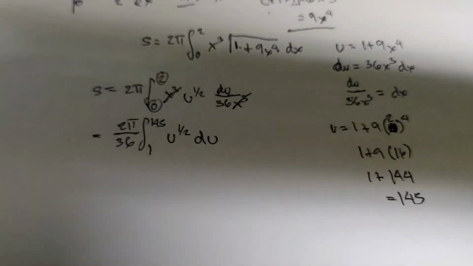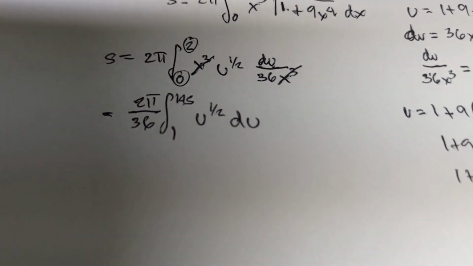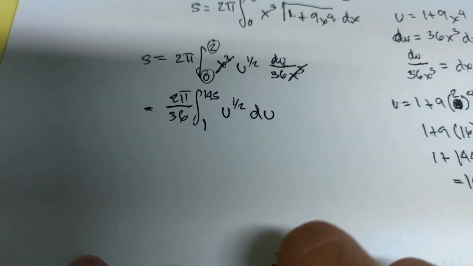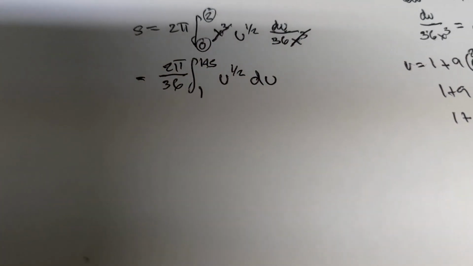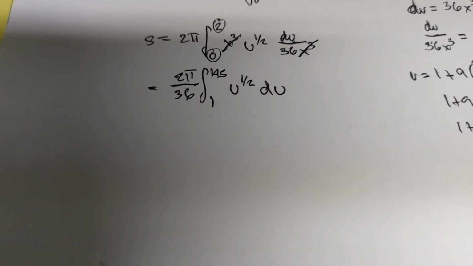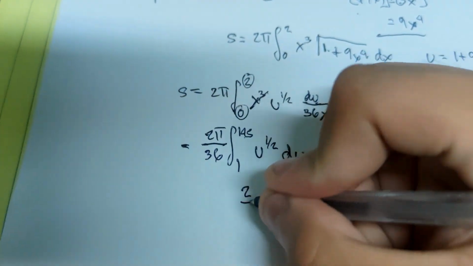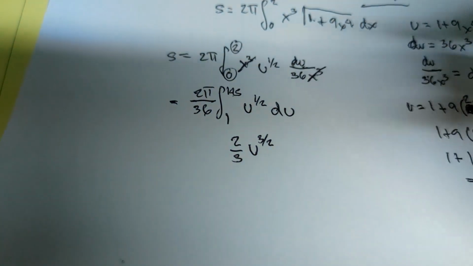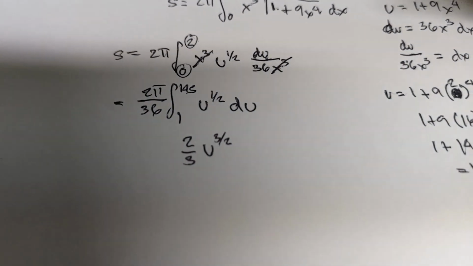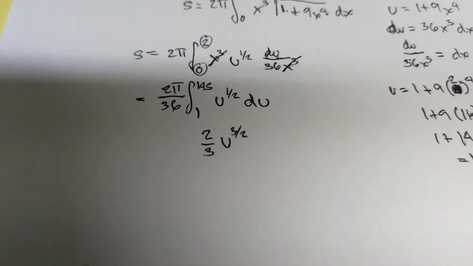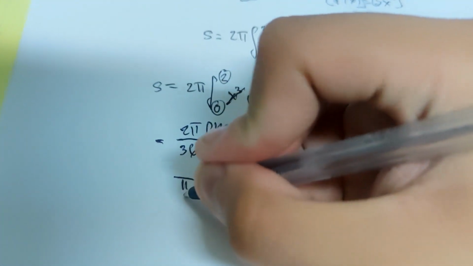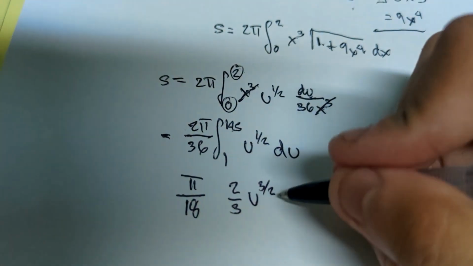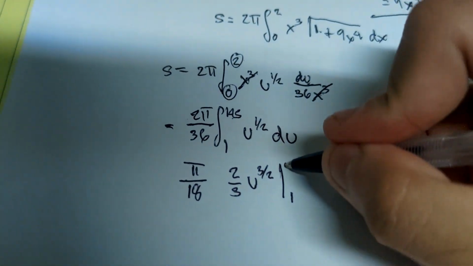So now we can solve this further. Let's find the antiderivative of u raised to 1/2. 1/2 plus 1 is just 3/2. So this will become 2/3 u raised to 3/2. Here we also have 2 pi over 36. So 2 pi over 36 is just pi over 18 with the limits of 1 to 145.